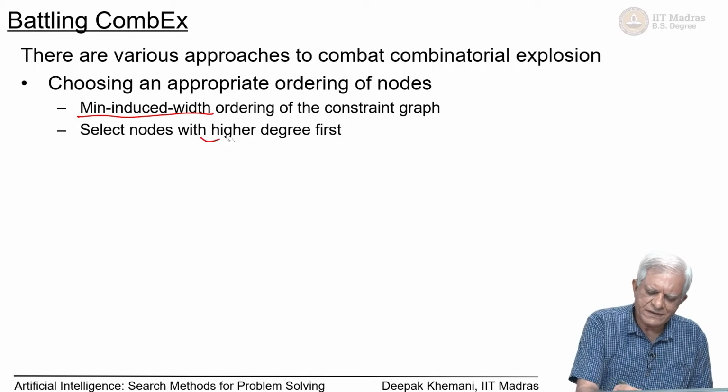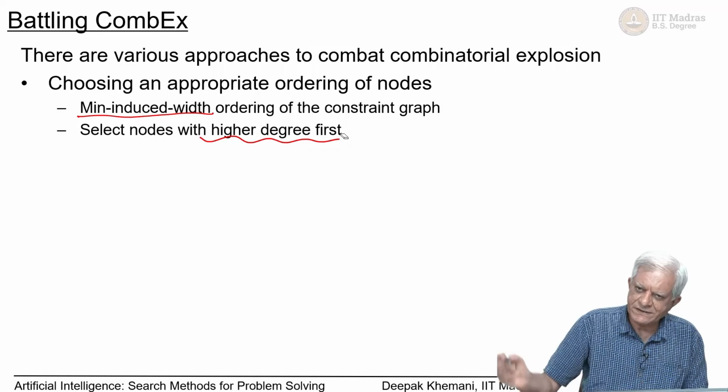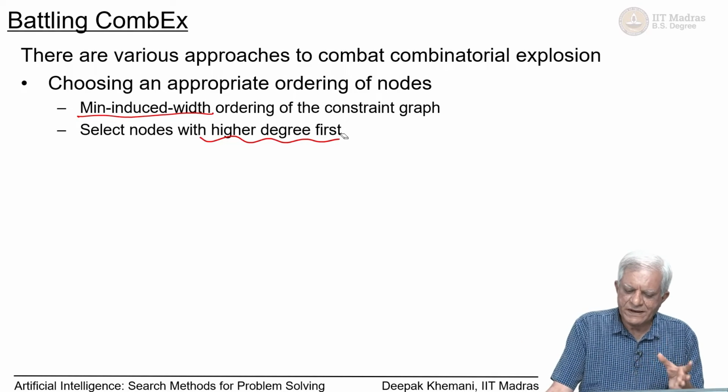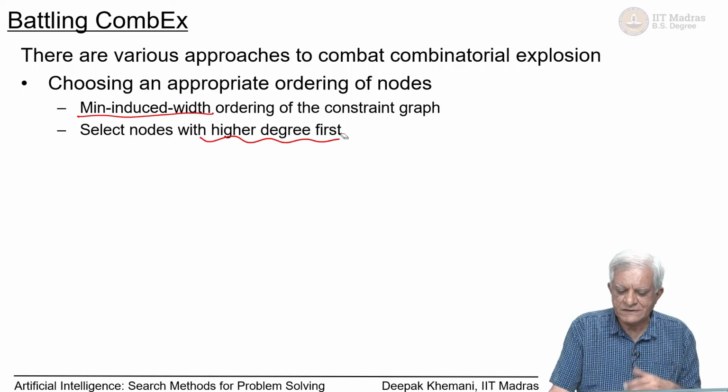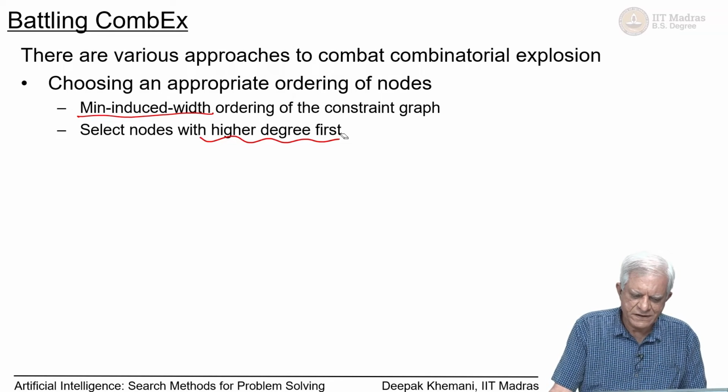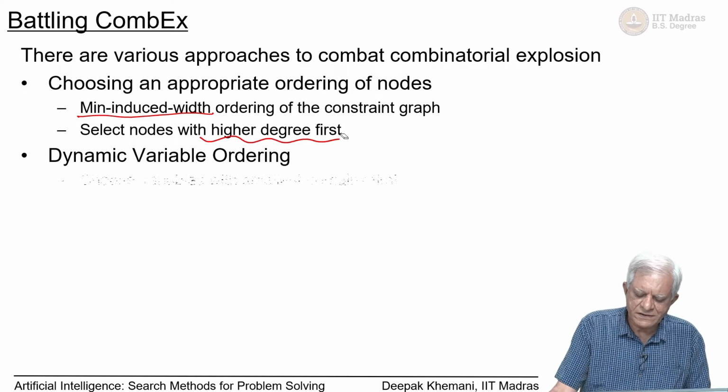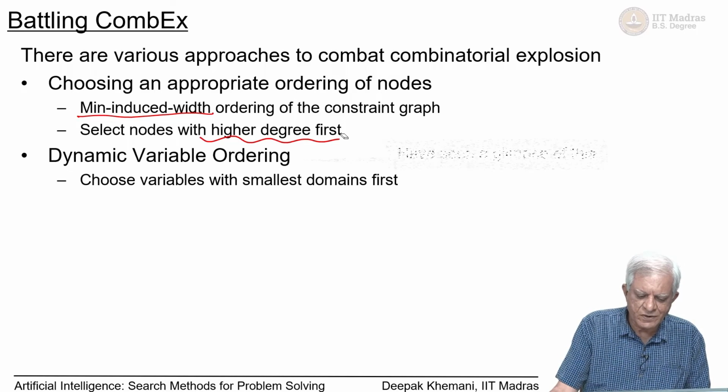The basic idea is that you select the nodes with the highest degree first, so that they would influence the ones with the lower degree, and very often that is known to work well. But finding the min induced width ordering is not necessarily a simple task, it is more than polynomial in time.